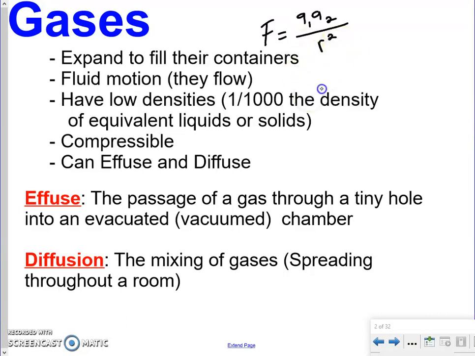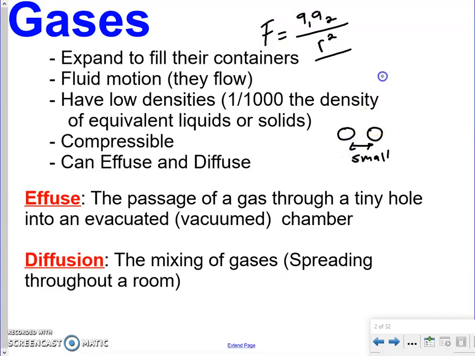Why do gases have such weak or few intermolecular forces? It has a lot to do with the fact that they are so spread out, which is going to be our radius. If I have two molecules that are really close together, this radius will be fairly small. And remember what that does: a small number in the denominator makes my force of attraction much larger, therefore stronger or more frequent intermolecular forces.